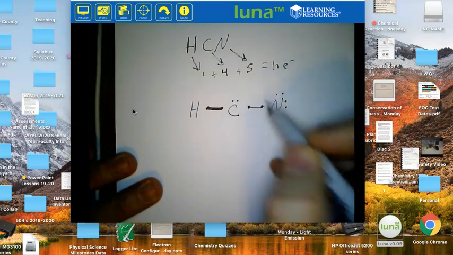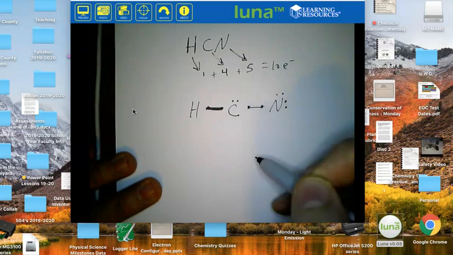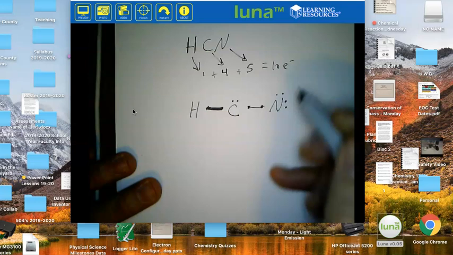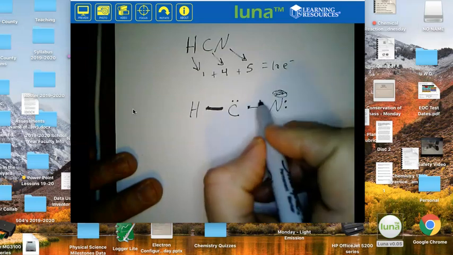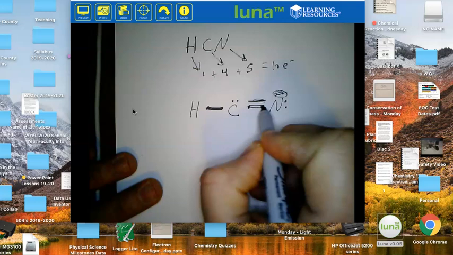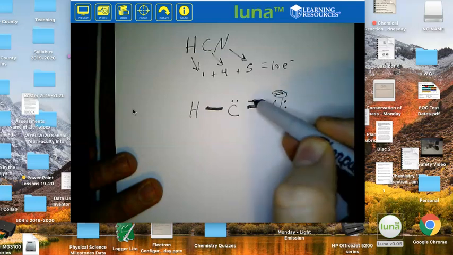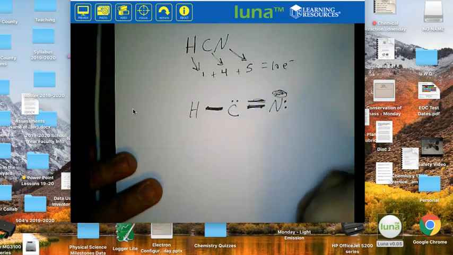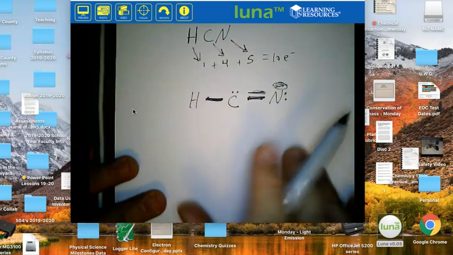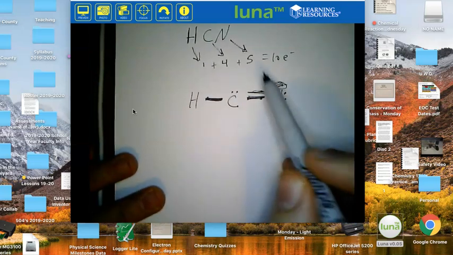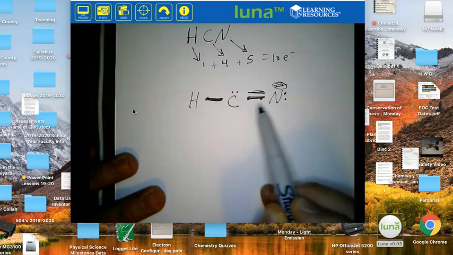So we're going to have to take a lone pair off something. I would take it off here, and then put another covalent bond. So now I have 2, 4, 6 around nitrogen and 2, 4, 6, 8 around carbon. Because nitrogen only has 6, it needs another bond.